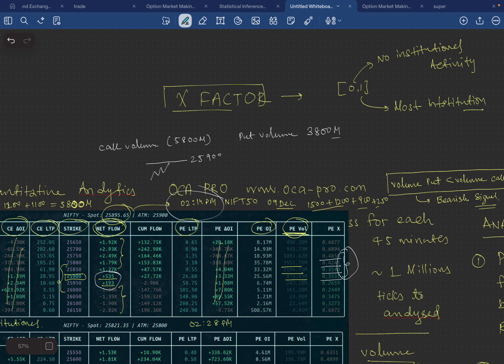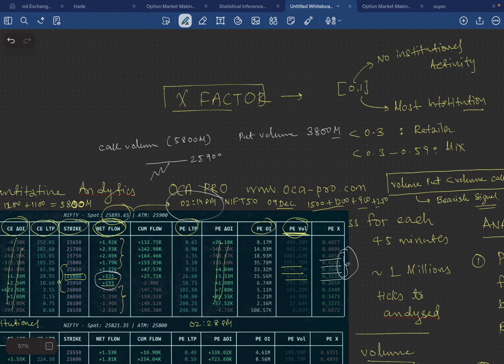Okay, so basically I have classified it as per the data that if it is less than 0.3, then you should think that retailers are doing their job and there will not be much activity. 0.3 to 0.59, okay, it will grow, and it will be the mix of both.